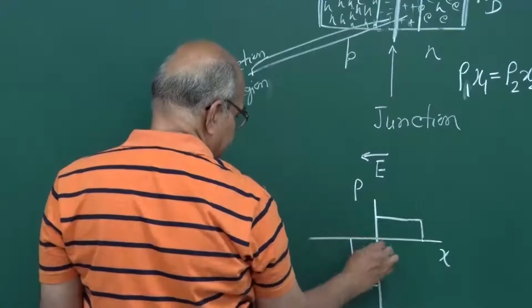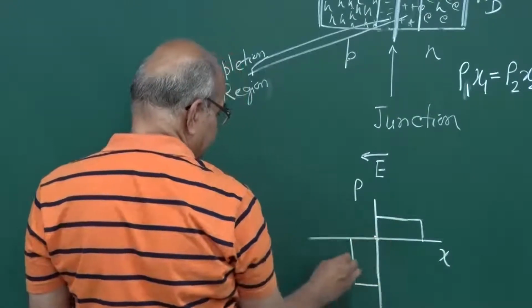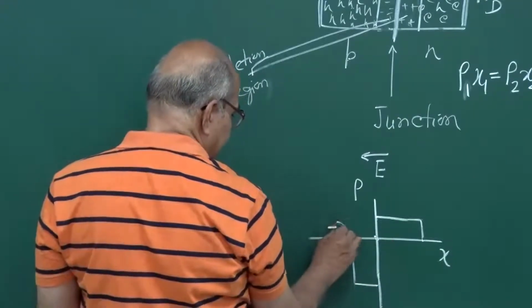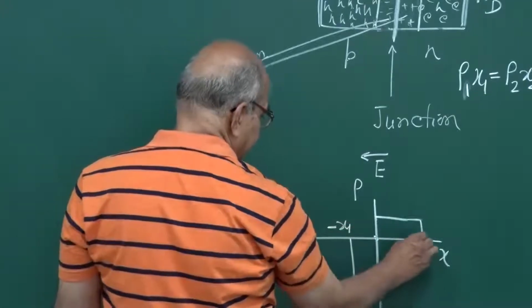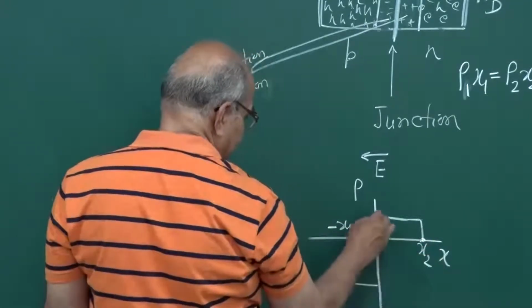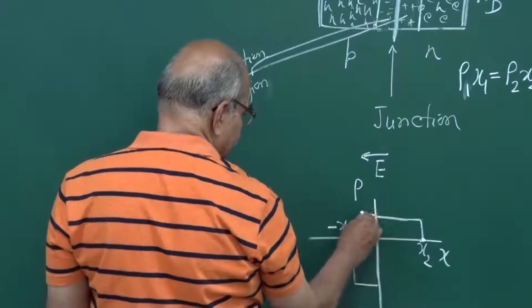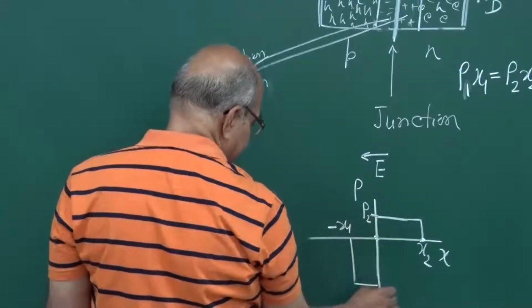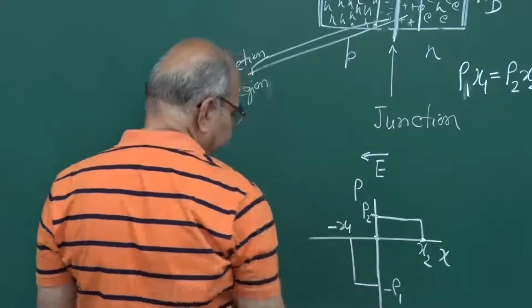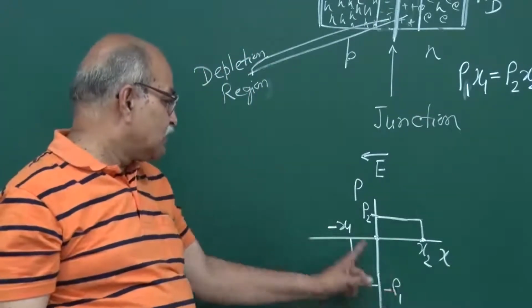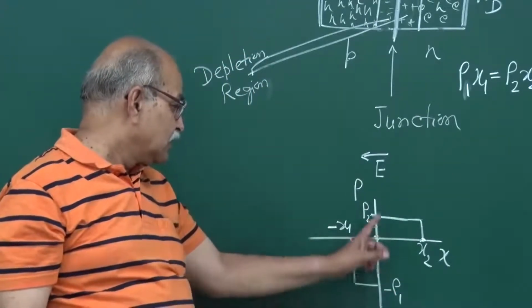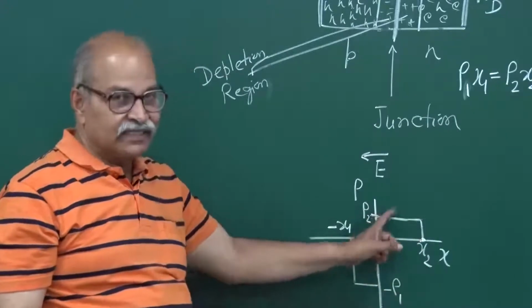If we call x equal to 0 here, this is x equal to minus x1, and this point is x equal to plus x2. This height here is rho 2, and this is minus rho 1. And this area, rho 1 times x1, should be equal to this area, rho 2 times x2.